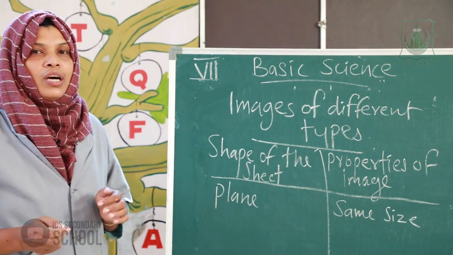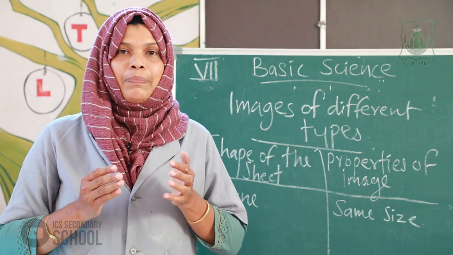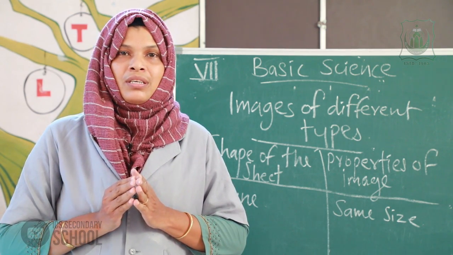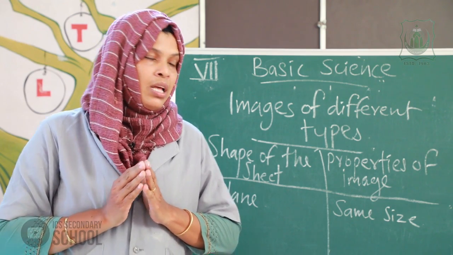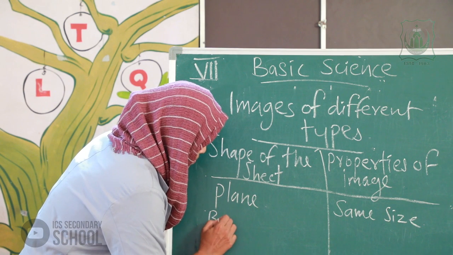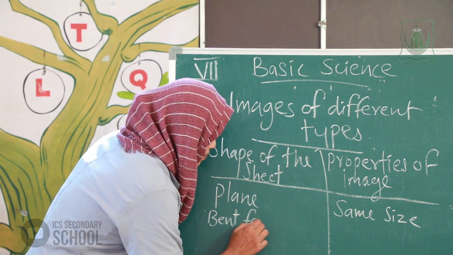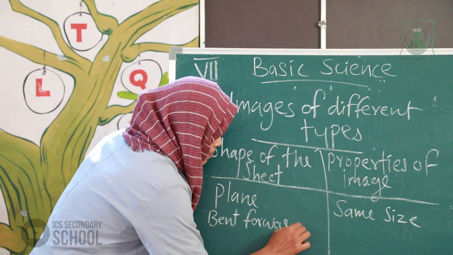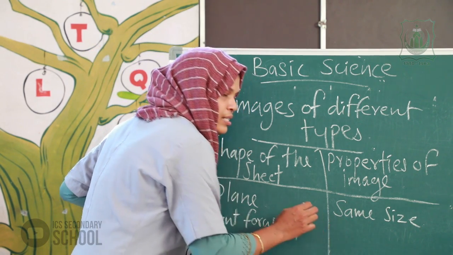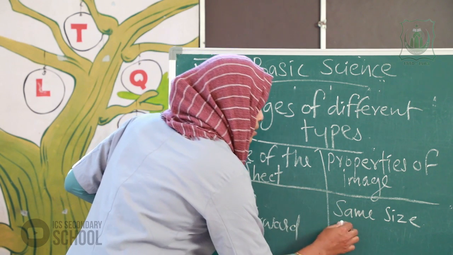Then keeping your sheet slightly bent forward. What is your observation? The image size is smaller.